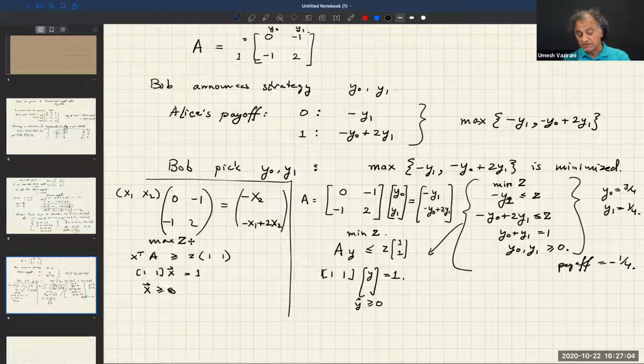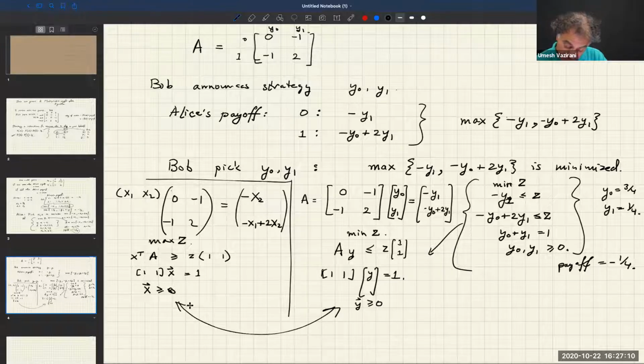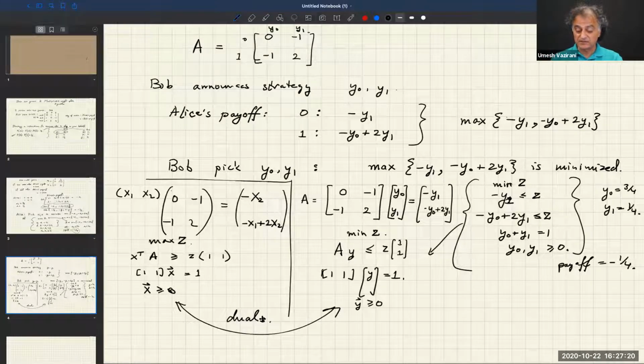Okay. So the main point is that these 2 linear programs are duals of each other. I just wrote this for this specific 2x2 zero-sum game, but actually you can write it for any zero-sum game.